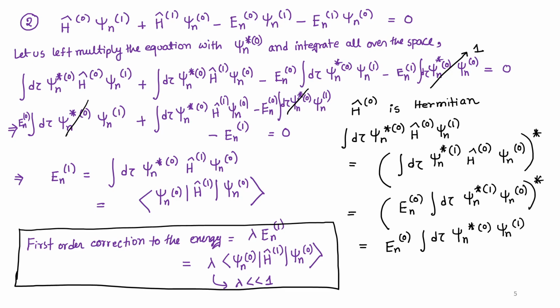Now what about the first order correction to the wave function? For that we will write the same equation, but we are going to left multiply with a different wave function, not the complex conjugate of psi n 0. I will show you why.